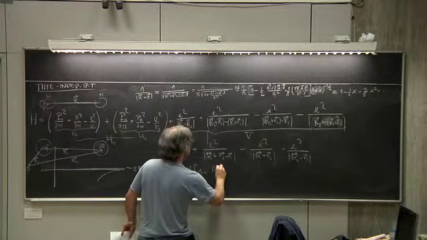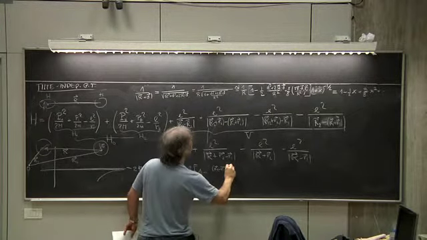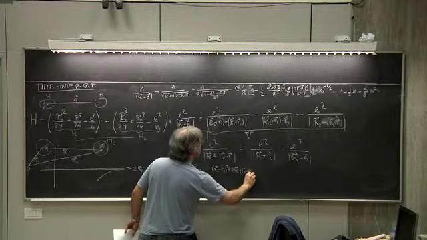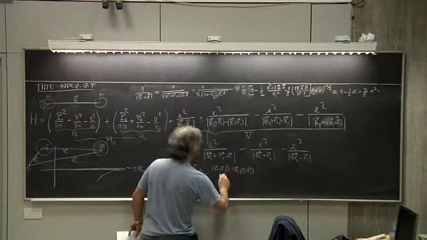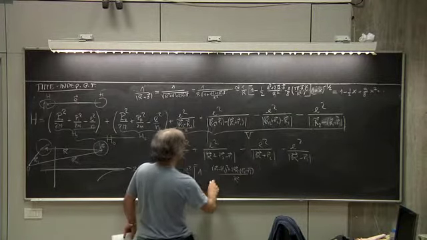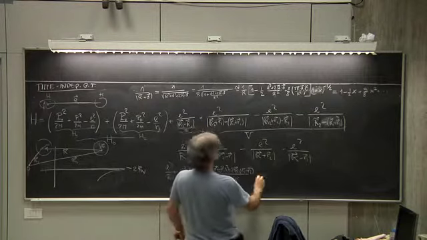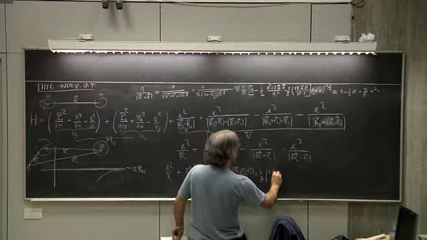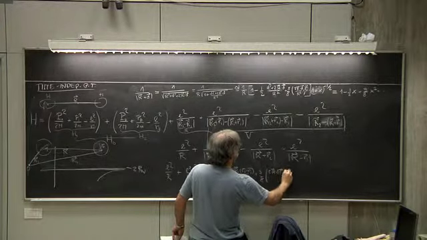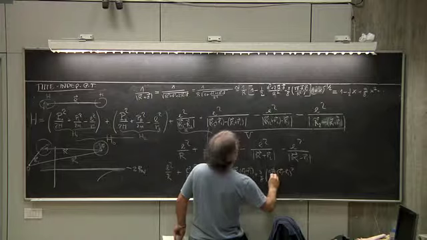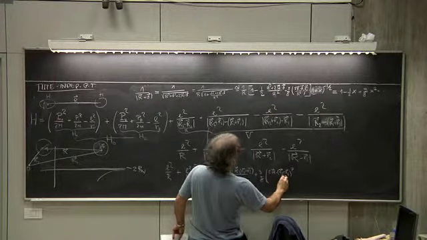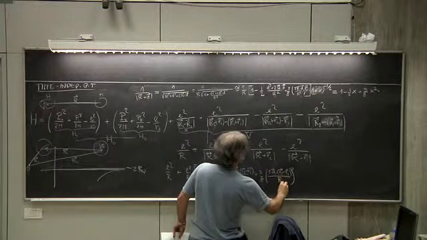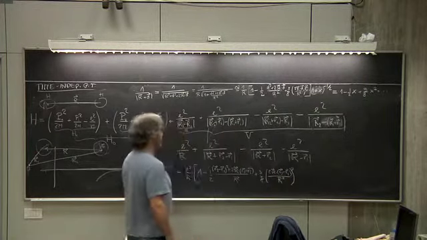So r2 minus r1 square plus 2r r2 minus r1 divided by r squared. There is a factor 1/2. And then there is a factor plus 3/8. And then there is a 2r r2 minus r1 squared divided by, sorry, r2 minus r1 divided by r squared, like that, okay?